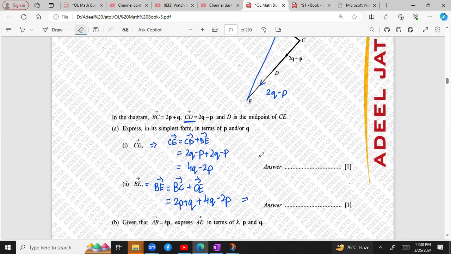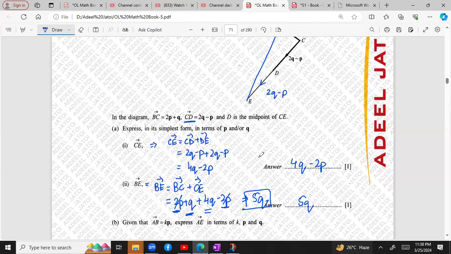It's not 6P, it will be 2P minus 2P. So we cancel this out, and Q plus 4Q will become 5Q. So the end result is 5Q. This is 4Q minus 2P.